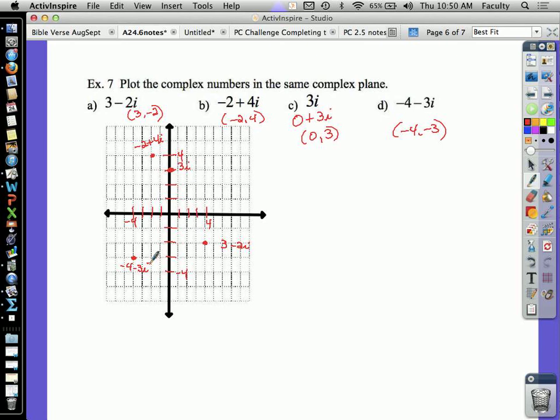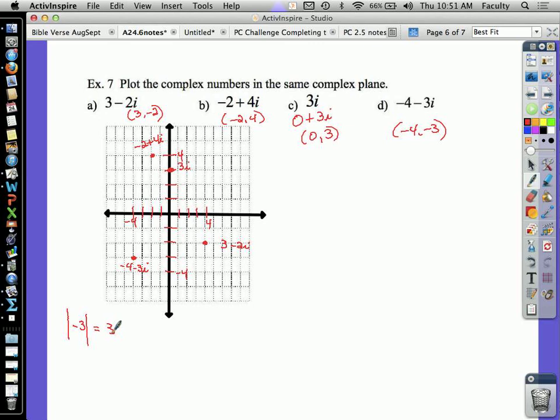Okay, now, before I do the last topic, I want to really lay a good foundation for it. Do you remember earlier this year, if we wanted the absolute value of -3, we said that's 3. Absolute value is the distance from that number to 0 on a number line, okay?